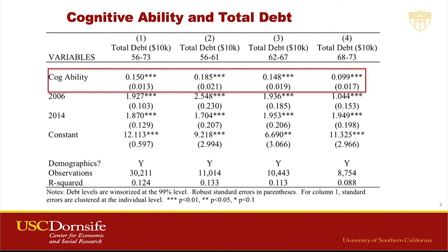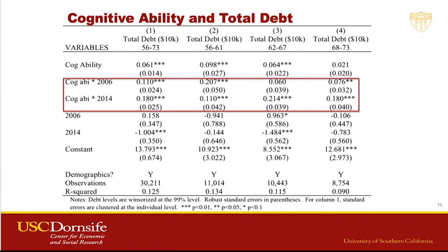You'll see that we find a positive association, namely that individuals with higher cognitive ability are holding higher debt burdens. The way to read this table is that a 1 unit increase in our cognitive ability index, in column 1, is associated with about a $1,500 increase in total debt on average.